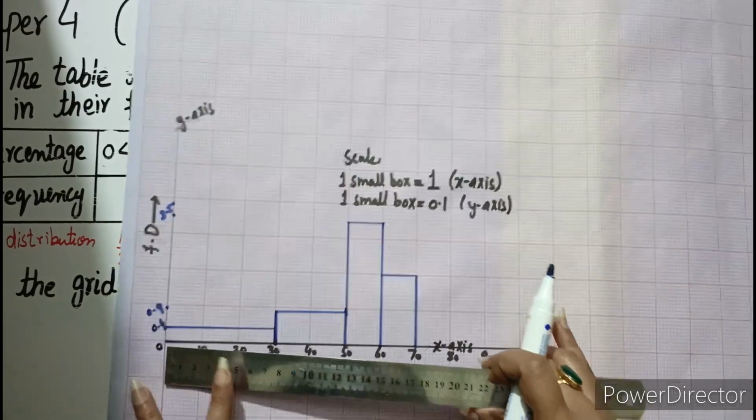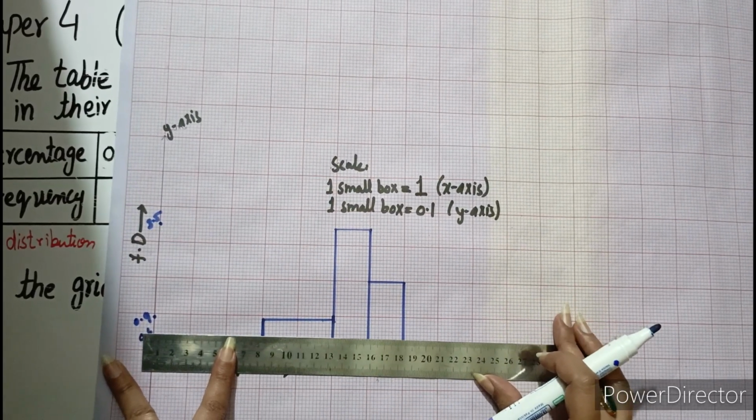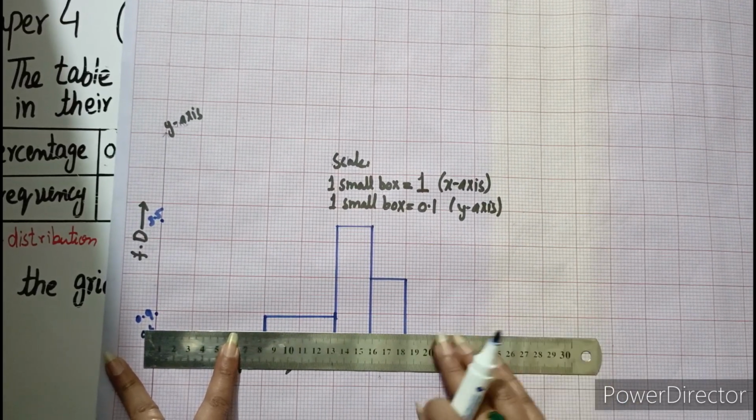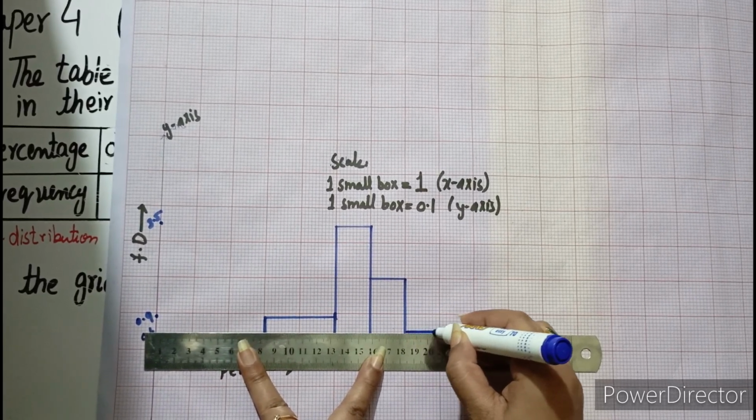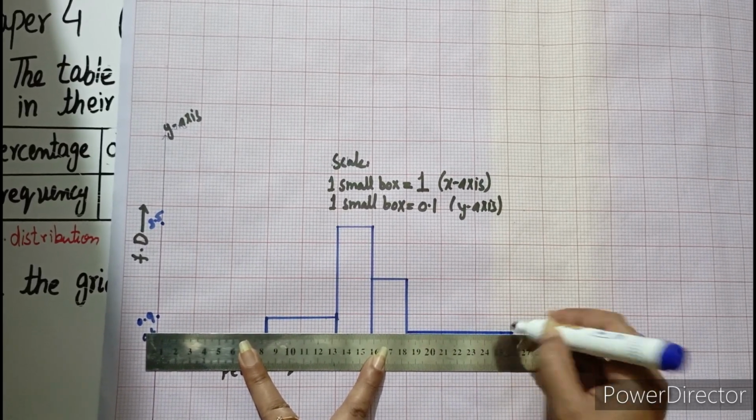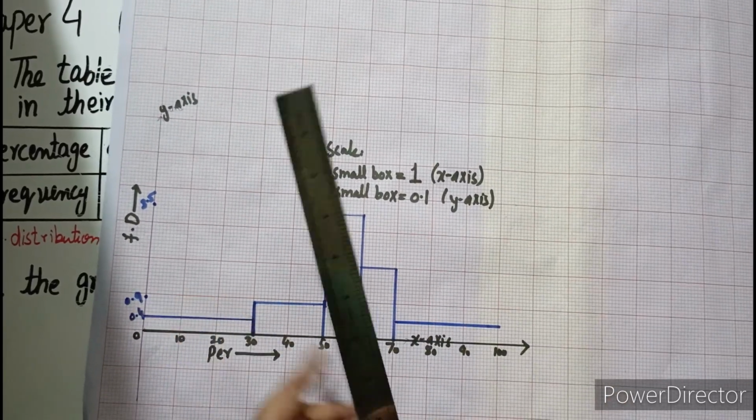So 0.5 will be over here. This is 0.5. I have to complete it.